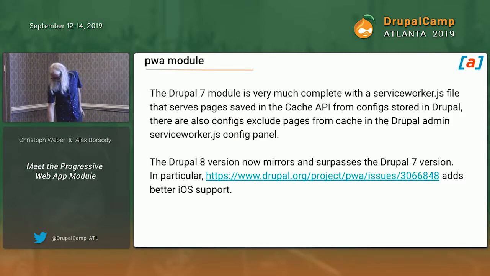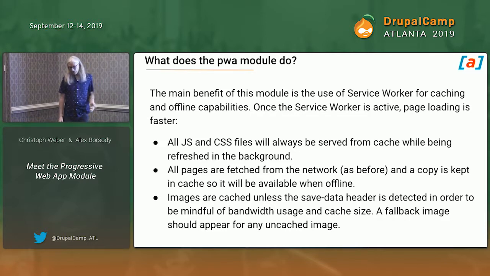So what does it do? The main benefits are that we're using a service worker for caching and offline capabilities. Once the service worker is active, things are significantly faster. So in particular, all the static assets, JavaScript and CSS, will always be served from local cache, from Cache API in your browser.